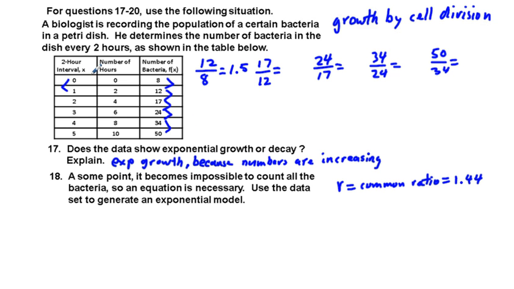So we have f of x and x. f of x is going to be equal to our initial amount, which is 8 bacteria, times our common ratio, 1.44, to the power of x. And then that x is going to be every 2 hours. So this will be our equation here.